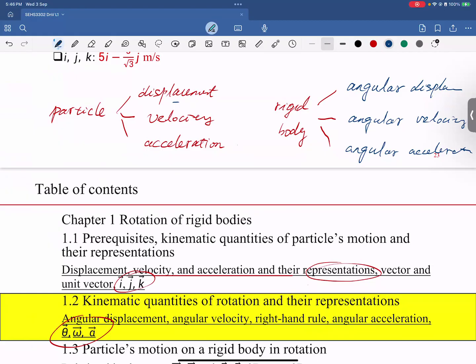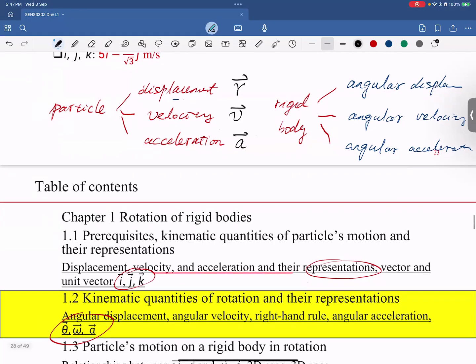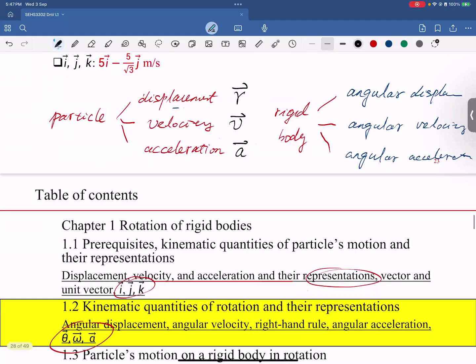So we have specific letters or symbols for those variables. For displacement of a particle, normally we use r. Velocity, normally we use v. Acceleration, normally we use a. Okay? Latin letters.